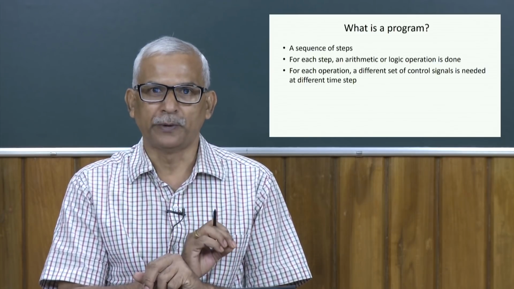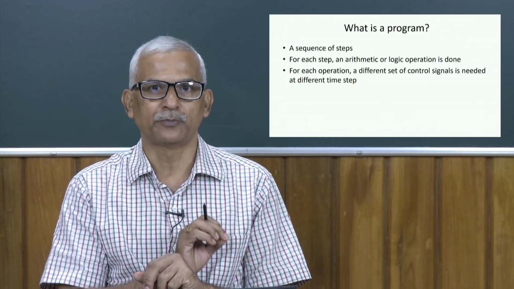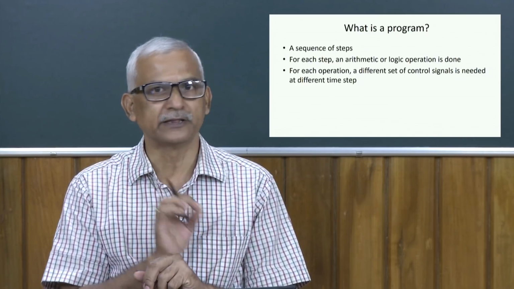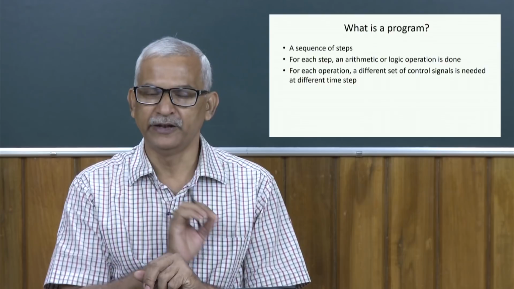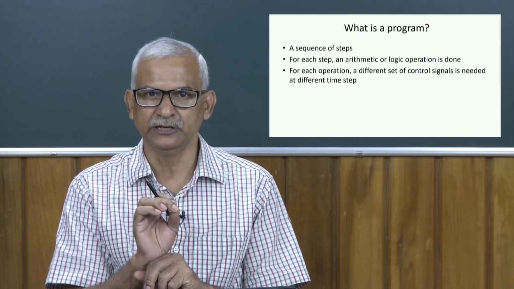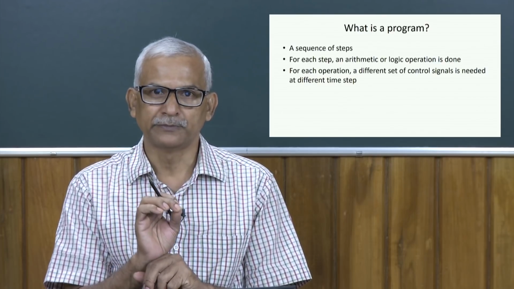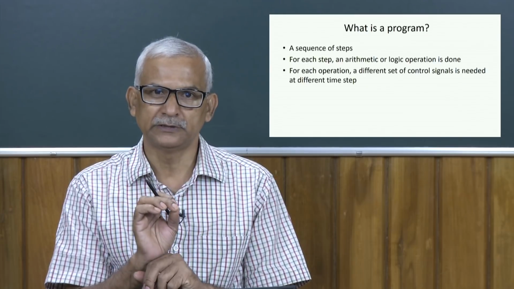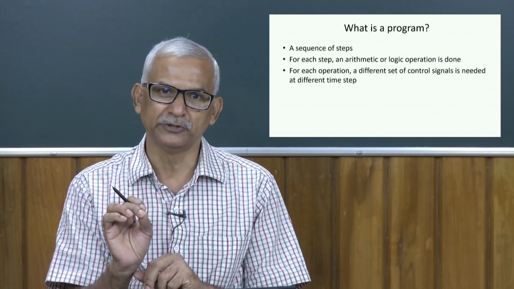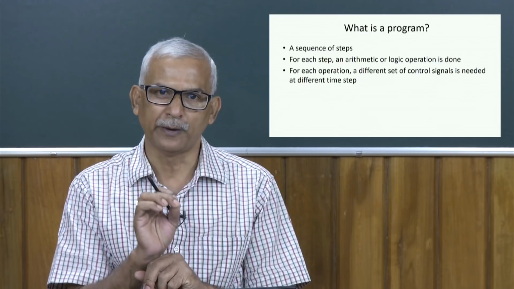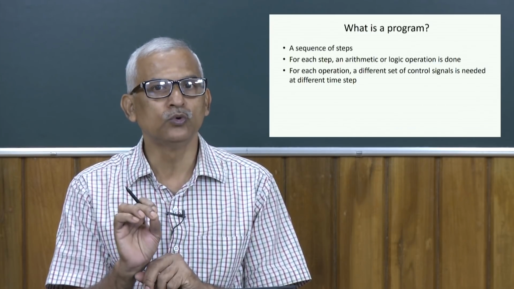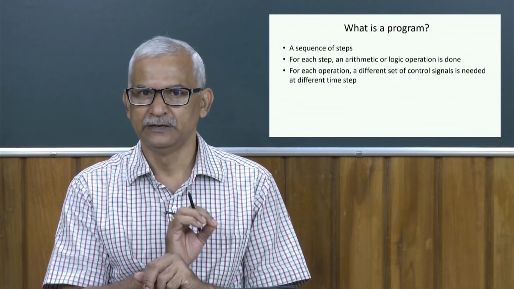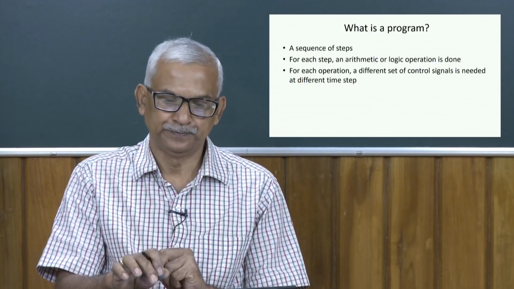For each operation, a different set of control signals is needed at different time stamps, because I have already said that when I execute an instruction, we have to perform some tasks, which means we have to transfer information from one point to another and perform some operation. So, the control unit needs to generate those particular signals at the appropriate time.